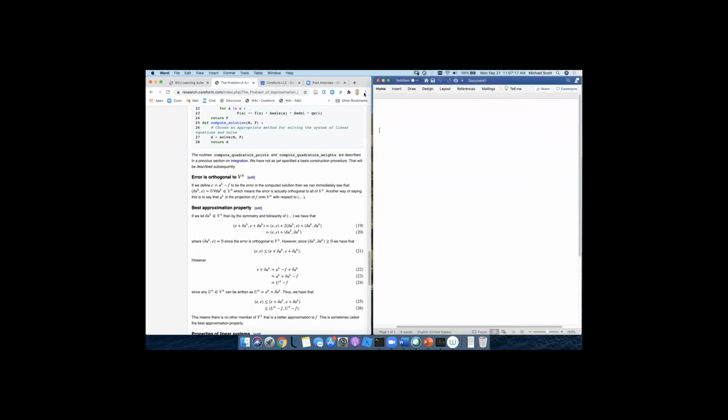So we're talking about the Galerkin method, and let me annotate here. Really the distinguishing feature is that if you have an infinite dimensional space and you pick some finite dimensional subspace, you get a natural structure for approximation.